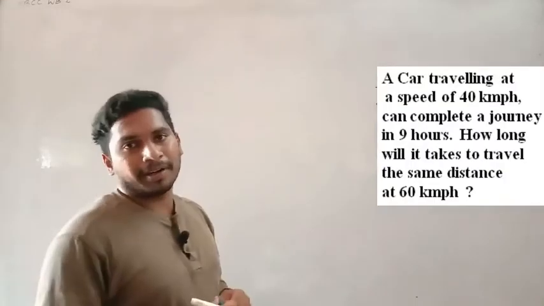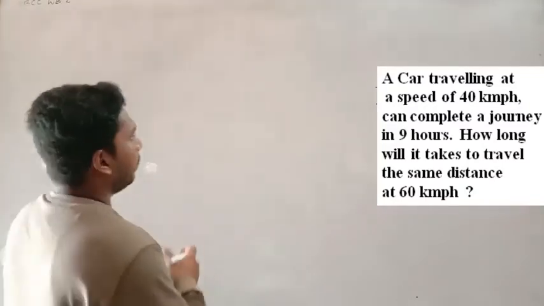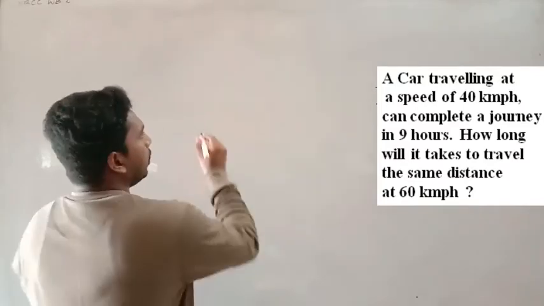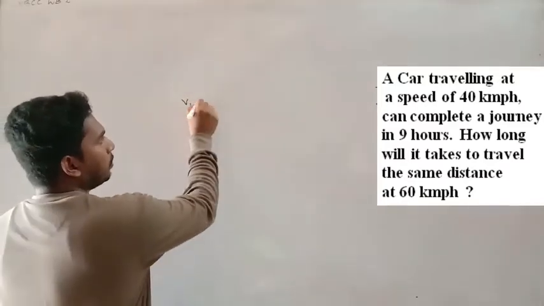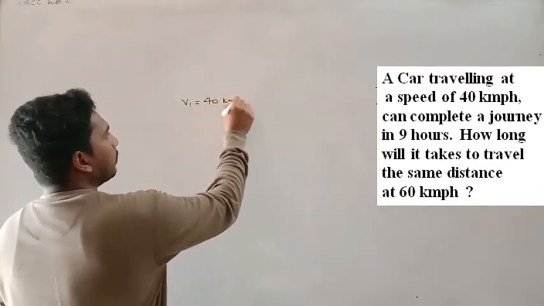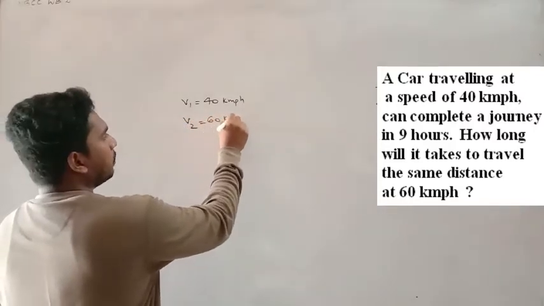Now let us solve the next problem. A car traveling at a speed of 40 km/h. If you observe, there are two velocities, so let us take them as v1 and v2. v1 is 40 km/h and v2 is 60 km/h.